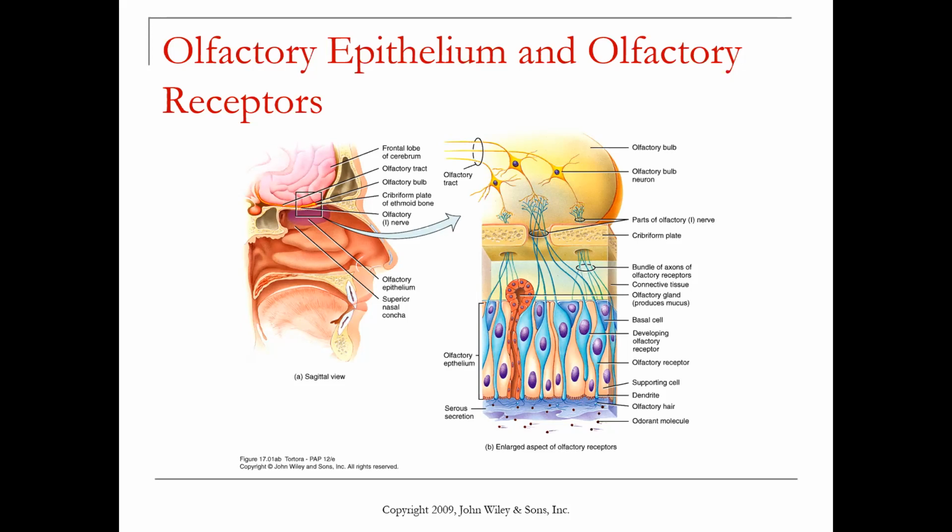We have all these bipolar neurons. And again, you can see the bipolar neuron. There's the dendrite, there's the axon, and it leads to the openings in the cribriform plate. We are olfactory nerve here, and we are olfactory tract by the time we're up to here.